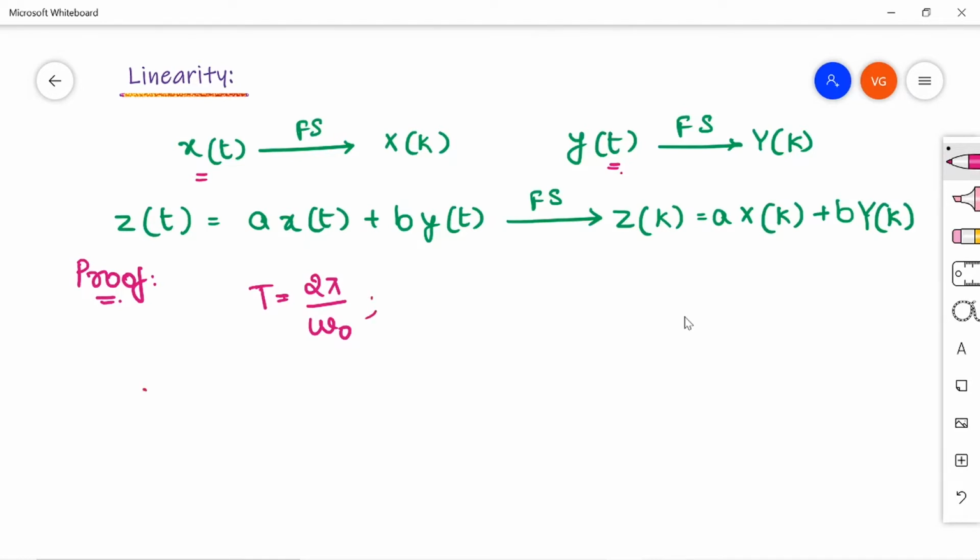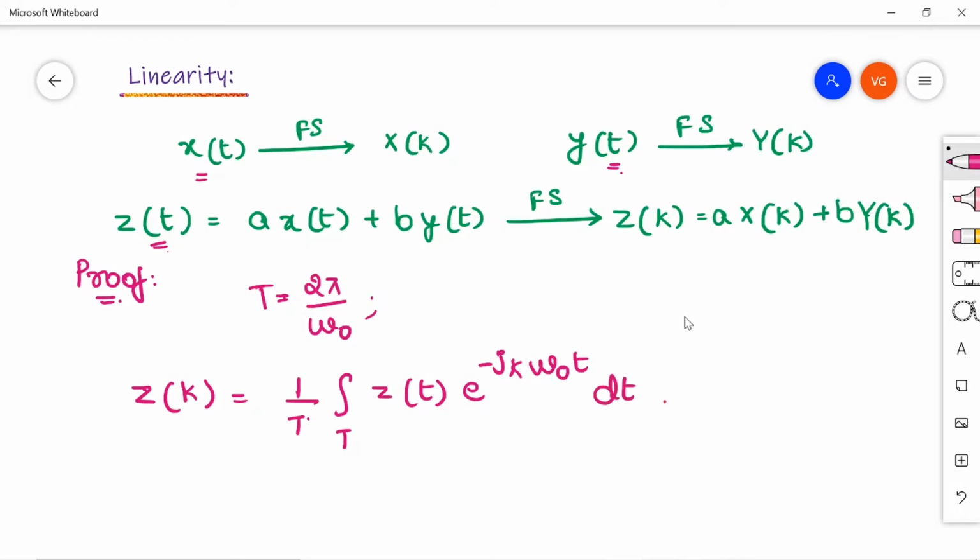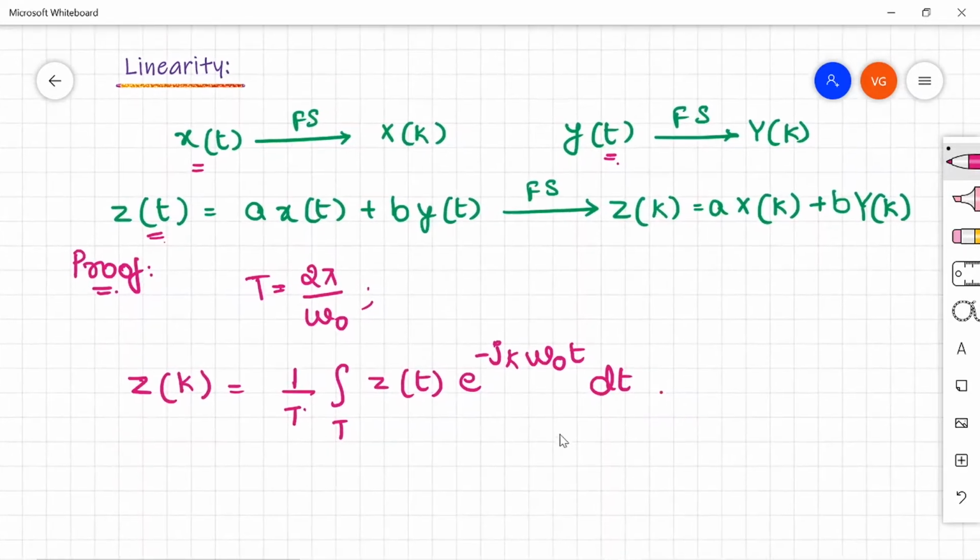Now you take this z of t and let us apply the Fourier series on z of t, right? So z of k will be 1 by T, as I think you remember the definition from the previous video, 1 by T integral over T z of t e power minus j k omega naught t dt, right? This is the definition for Fourier series.